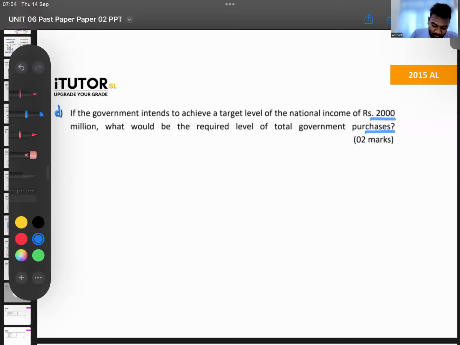When the government spending was 100, your national income was 1250. When this is 200, it was 1750. So the past paper starts at 1750, right? So then we'll do 1750.